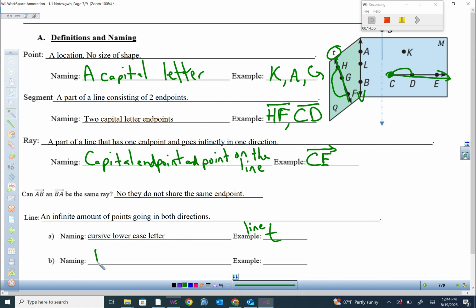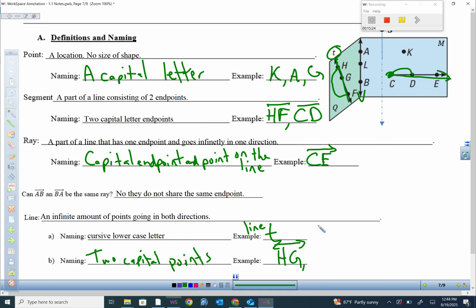Okay, another way, two capital points. So going back to that line T, you could do HG or HF, but the big thing is a line has to go both ways, so you put arrows on both ways. So ray: endpoint, arrow. Segment: endpoint, endpoint. And a line is both ways.